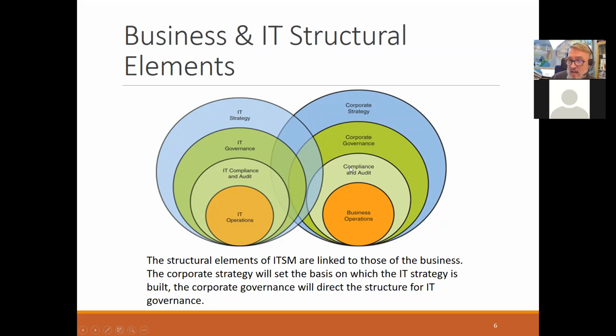So an auditor almost always is going to have some accounting background, but they could also have some computing background, IT background, because you could do an audit of your IT systems, not just for the financial aspects of it. And so IT is also going to support that auditing. And of course, the IT operations are going to support the business operations. So again, as I said, ITSM is making a bridge between IT and the customer. Here, the customer is going to be the wider business to which the organization belongs.